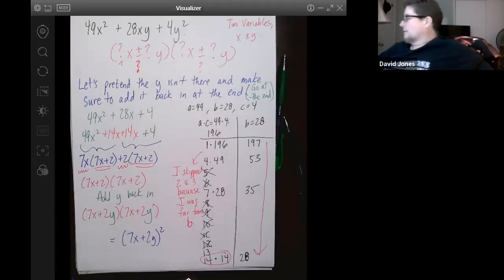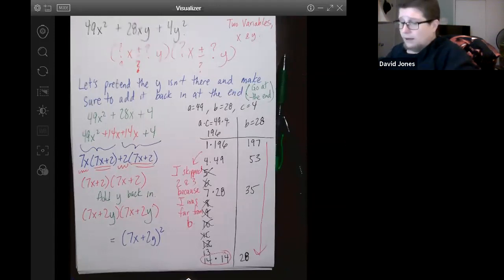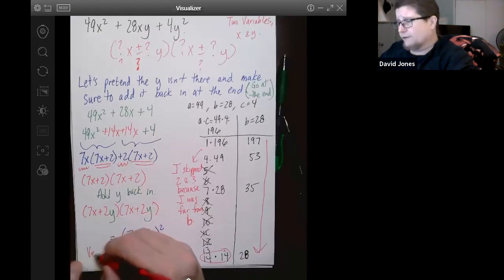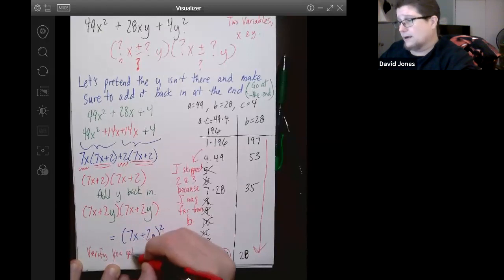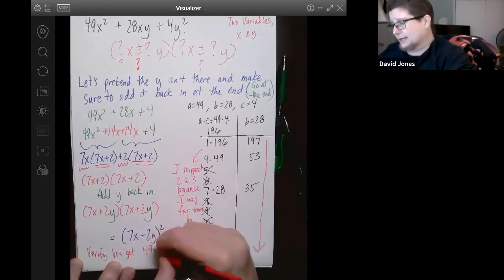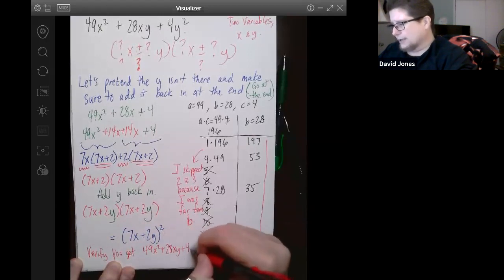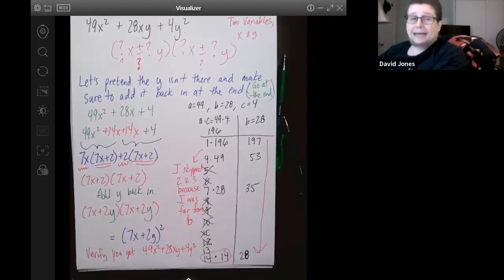Sometimes it will say what I want, sometimes they'll take either. So you should verify you get 49x squared plus 28xy plus 4y squared when you multiply that back out.